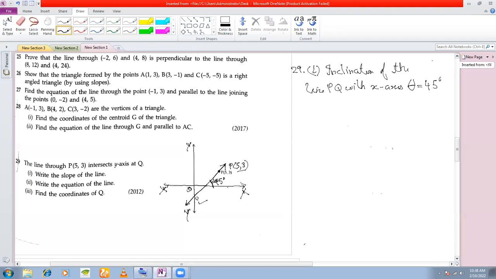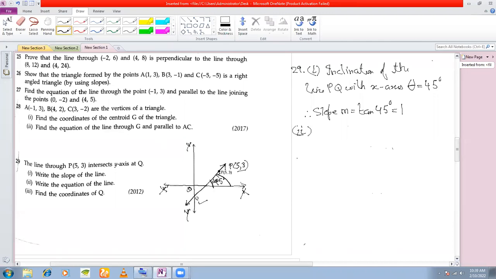We take it in the positive direction, this direction, right? So this angle here is 45 degrees. So therefore, what should be the slope? Tan 45, which is equal to 1. Okay, so the slope is equal to 1. Next question.